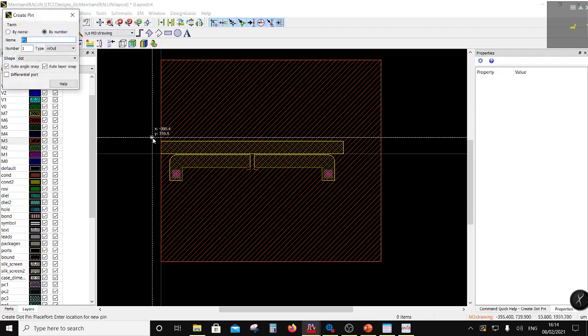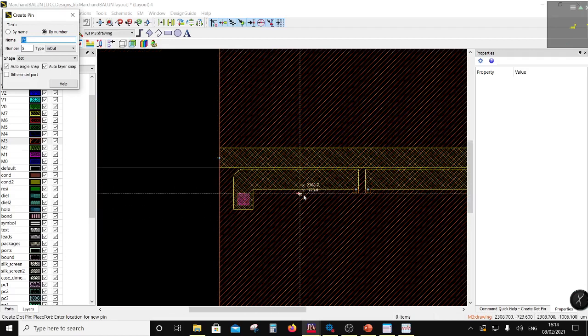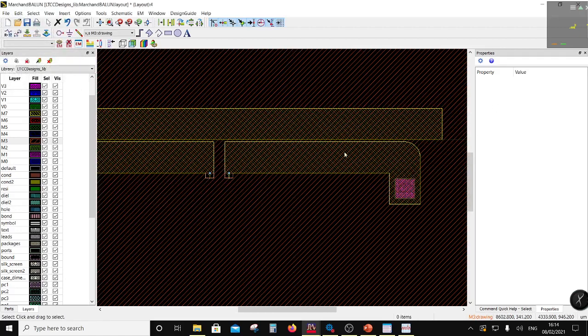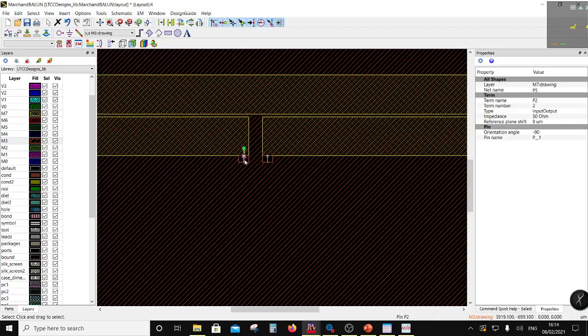So I'm going to put here 1, then 2, and then 3, and then 4, and then 5 and 6, and then I have to choose the ground to be, so P1 and then P4. P4 is on metal 3, correct? And P5 is on metal 3, and P6 is on metal 3.